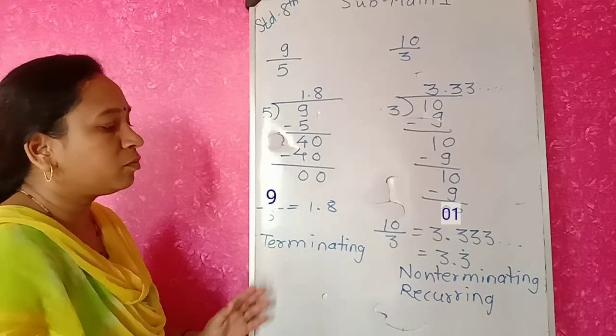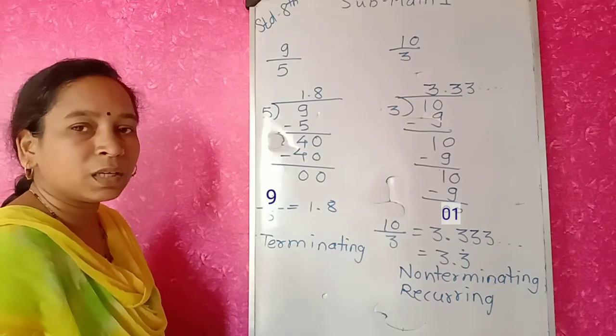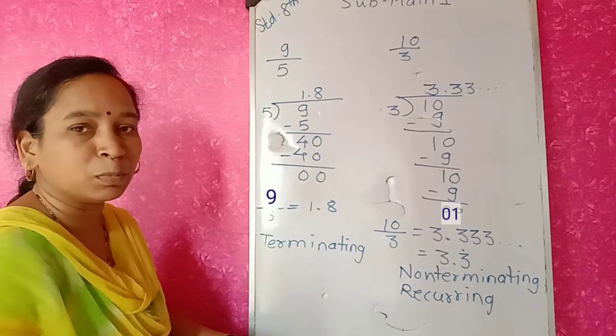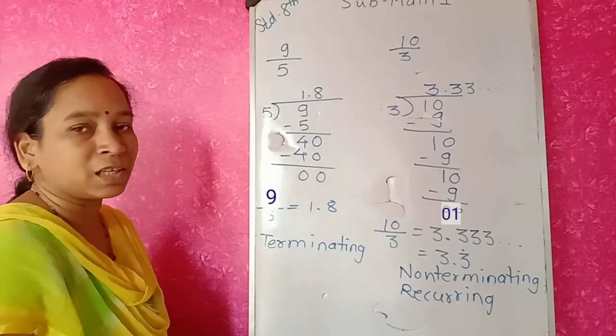Now if these two are rational numbers, what about irrational numbers? Very simple. The numbers which are not rational numbers are called irrational numbers.